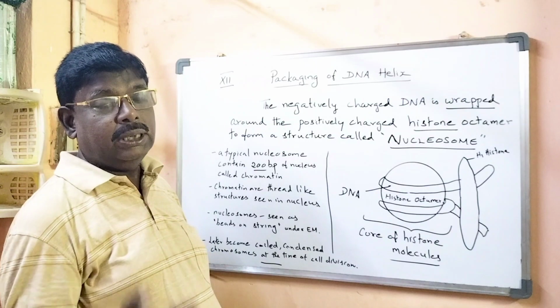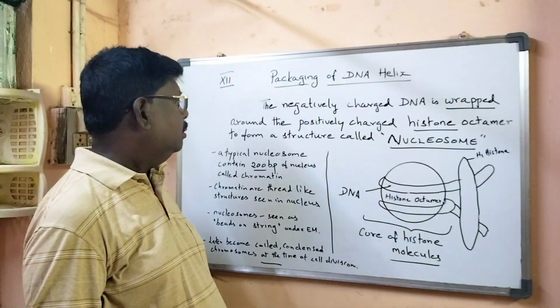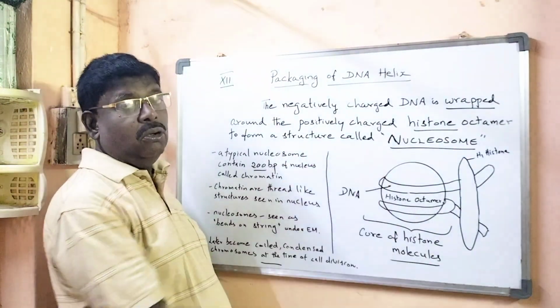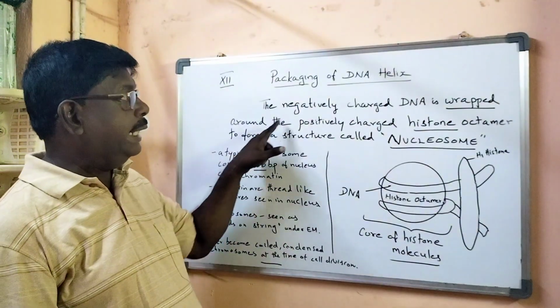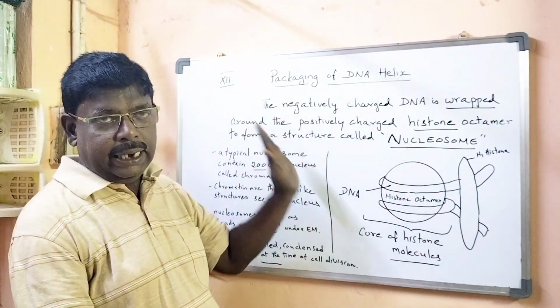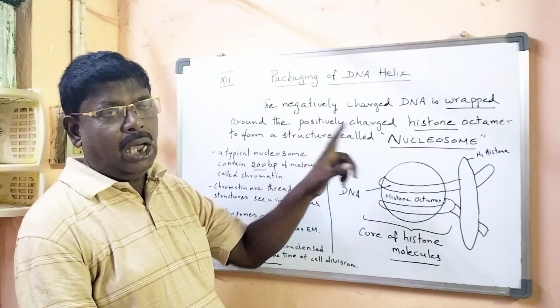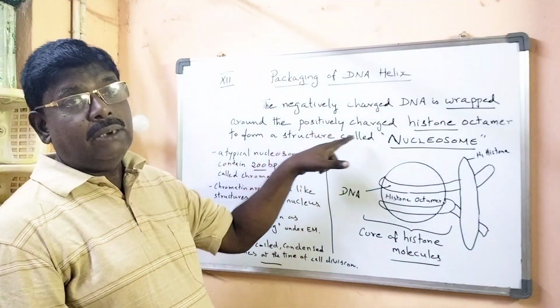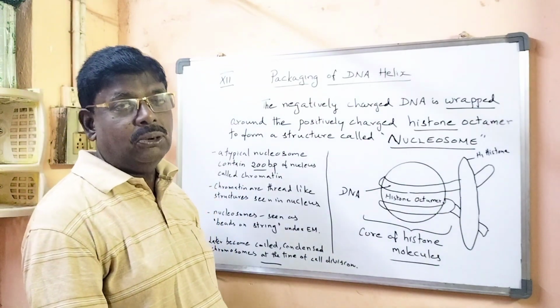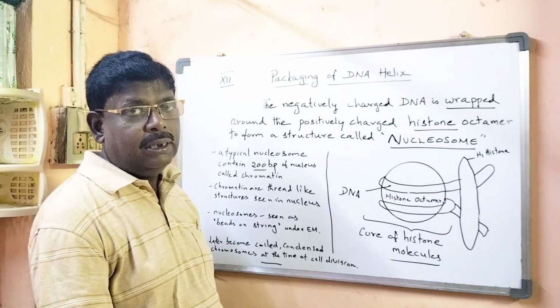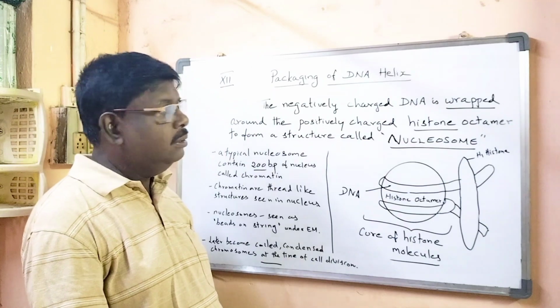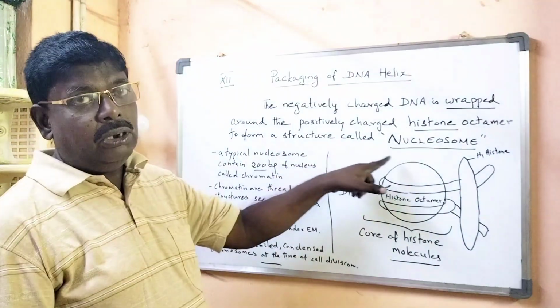Octamer is because it is an 8 molecular structure. They form a structure called nucleosome. Histones are basically proteins, and they are positively charged. This structure is called nucleosome.